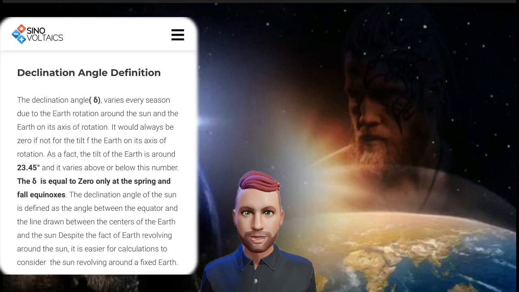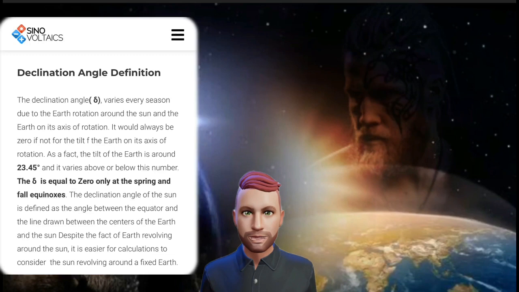But in short, it's literally just saying that it's based on the Earth's rotation, in other words the tilt towards the sun, and that's why you get the different declinations. One thing I do want to point out on here though is the declination angle of the sun is defined as the angle between the equator and the line drawn between the centers of the Earth and the sun.